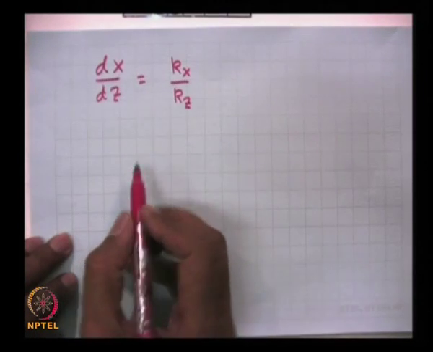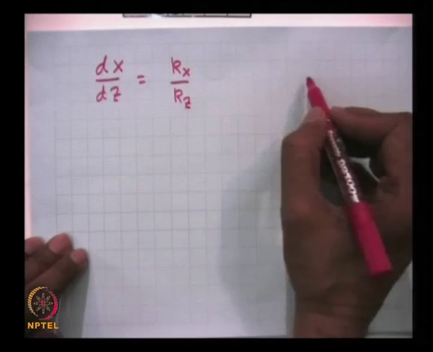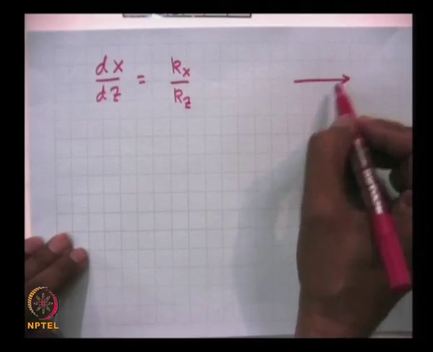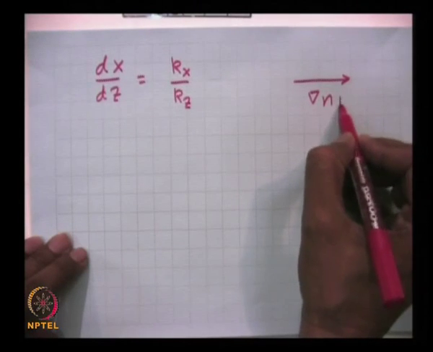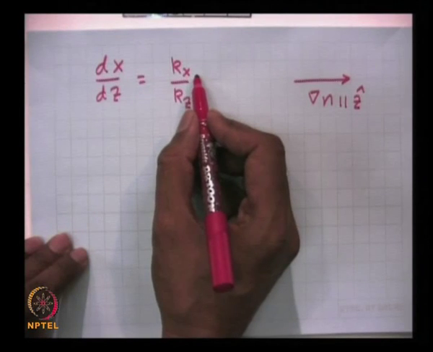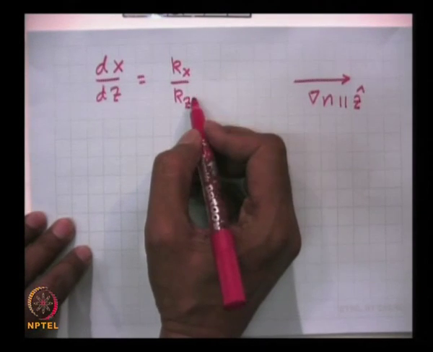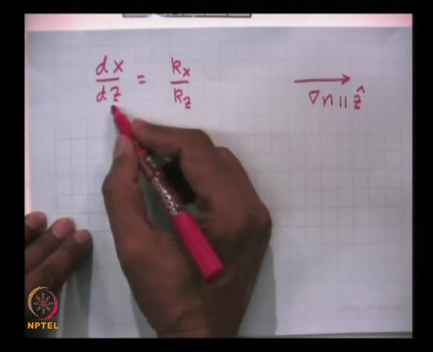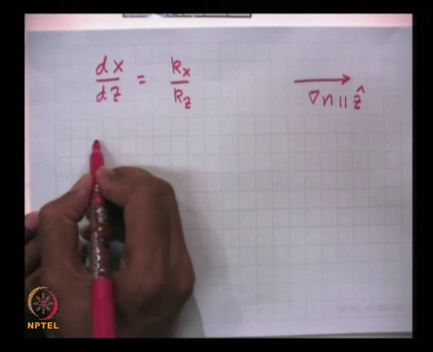Please remember, I just mentioned if the plasma has variation in density along z axis, then kx is a constant, only kz depends on z. So, you can easily integrate this equation.